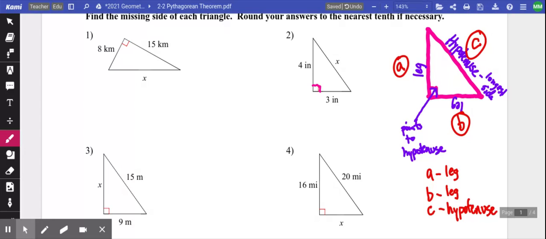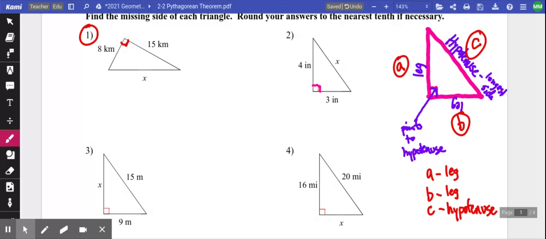So what we're going to do now is do a couple examples. Let's take a look at number one. What I want to do first is label my hypotenuse, which is going to be my C. I always look at my 90-degree angle here. It's going to be in all these problems.